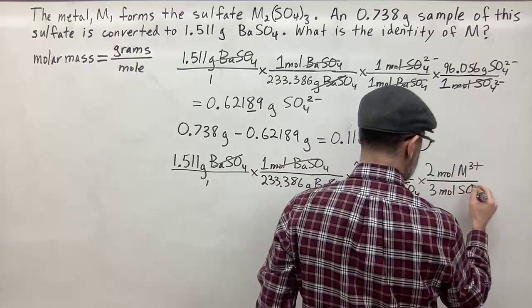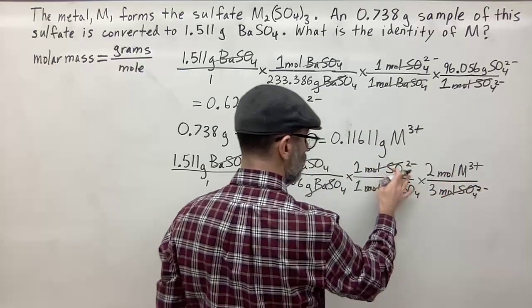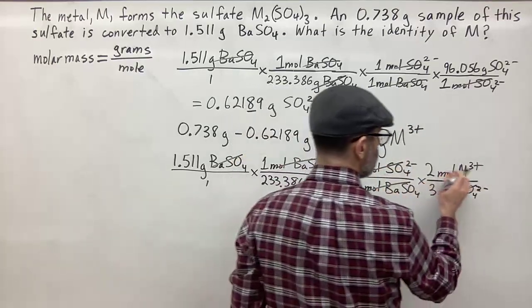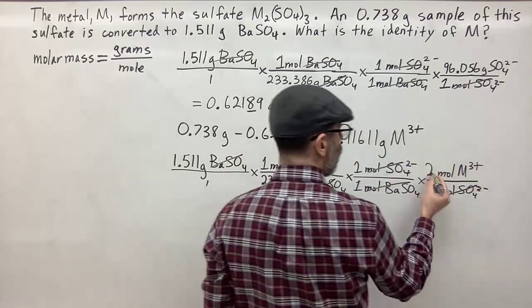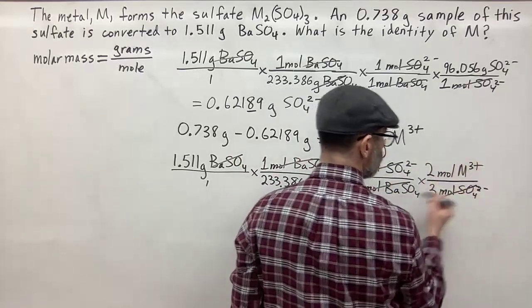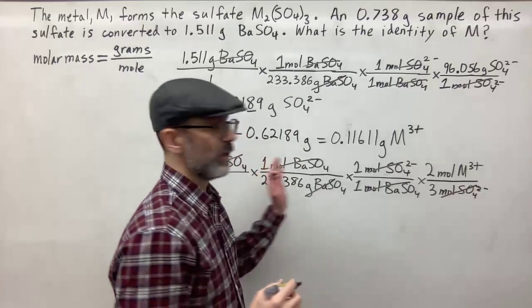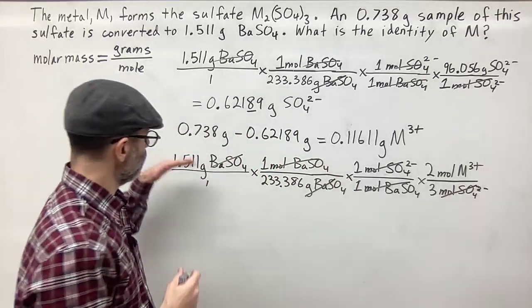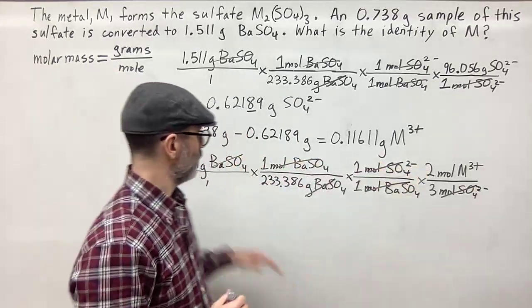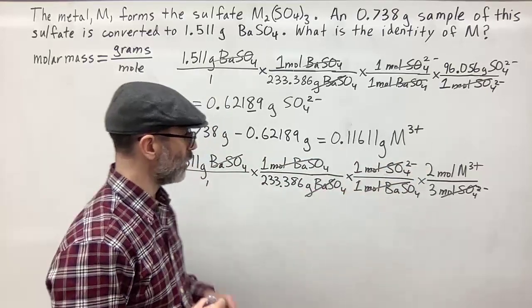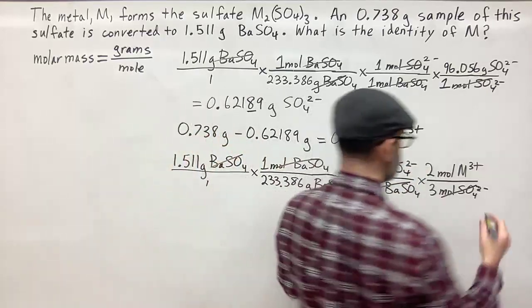And so now moles of the SO4 2- is going to cancel out. And now I have moles of the mystery metal. So now all I need to do is, again, multiply by everything on the top, divide by everything on the bottom, and I get my answer.